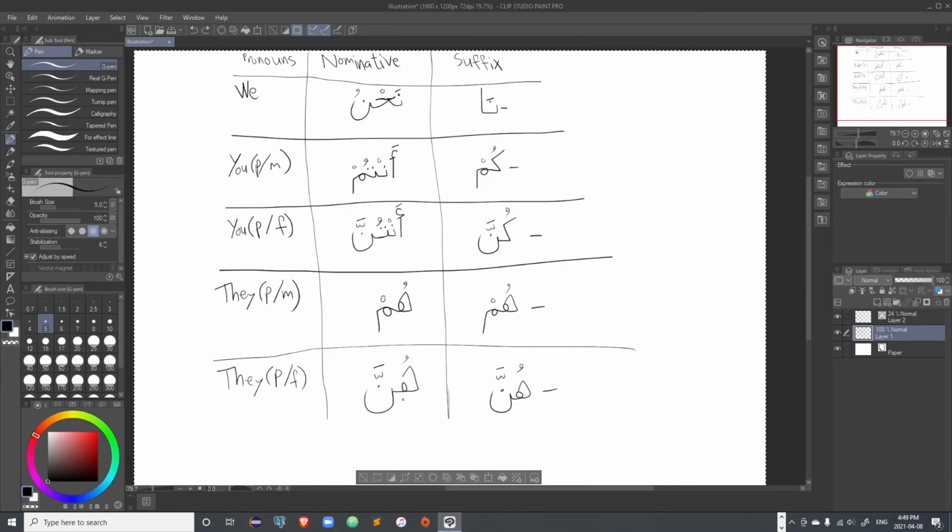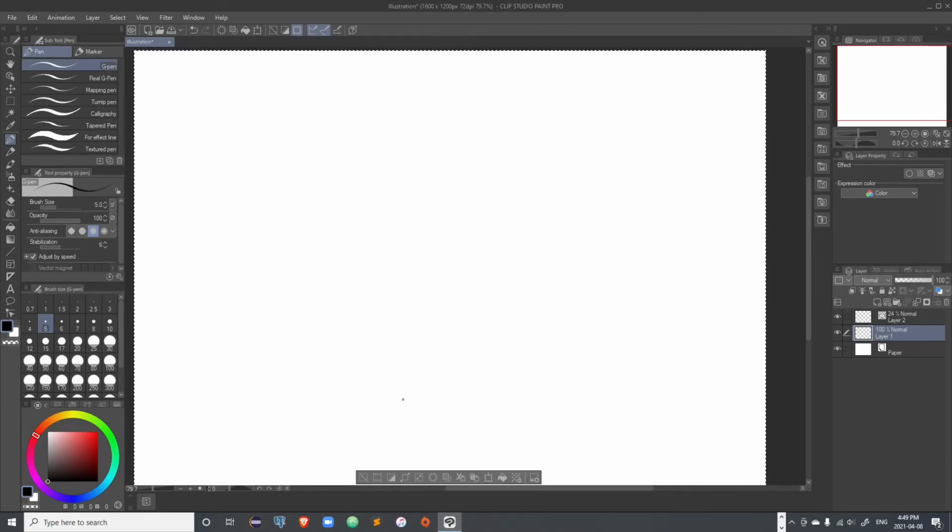Now we are done with the pronouns. I will also be supplying everyone with a sheet that includes both the pronouns and the conjugations to each respective pronoun. If I cannot paste the link to it or paste it itself in the description, I will probably use a OneDrive or a Google Drive link to supply it for reference.